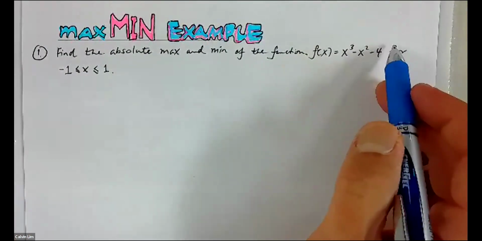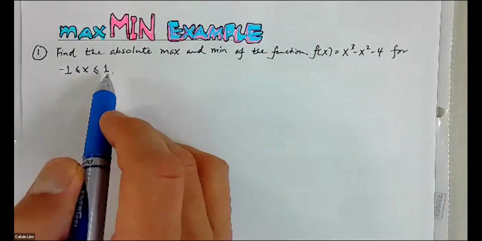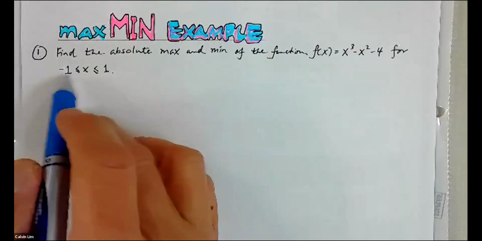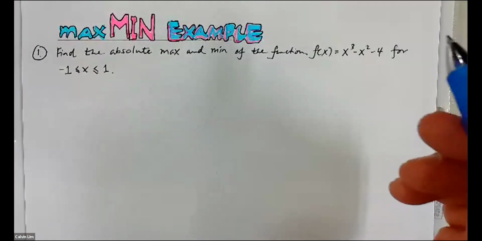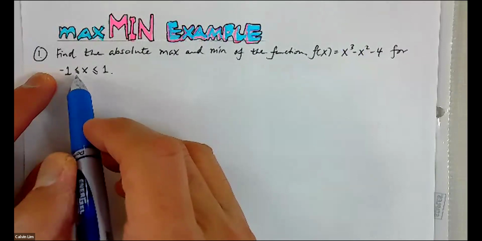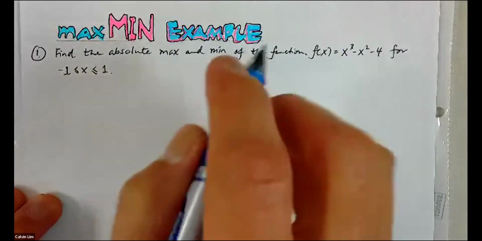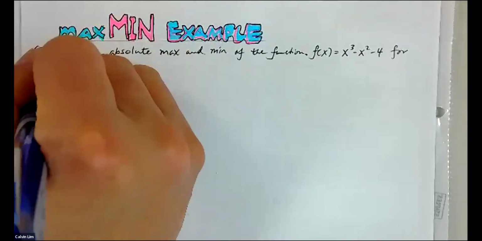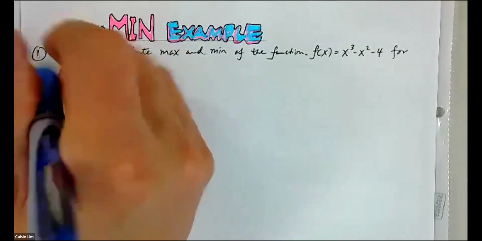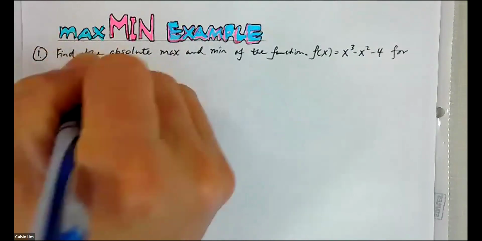Polynomial functions are continuous everywhere, so it must be continuous. The other criterion is the interval closed at both ends. It includes -1 on the left, includes 1 on the right, so it is closed. So we can use the closed interval method, but you have to specify your reasoning.